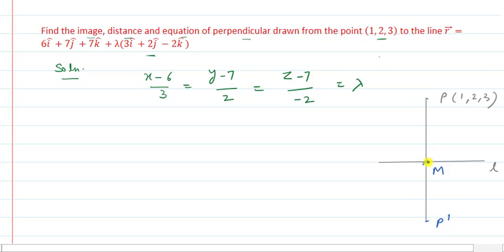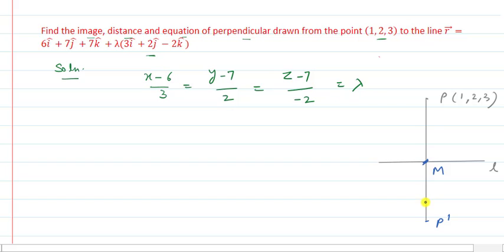So first of all, let us try to find out this M point, means coordinate of point M. Now as we know that this point M is lying on this given line, so if we calculate the value of x, y, z from this given line, then we can consider that these values of x, y, z represent the coordinate of point M, because I told you in the starting of this chapter that x, y, z may be any point on the line.